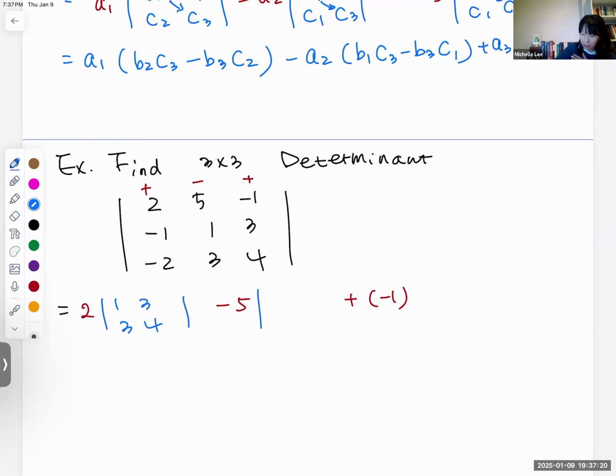Then negative 5. If we factor out with negative 5, then we are using only these numbers, so that will be negative 1, 3, negative 2, 4.